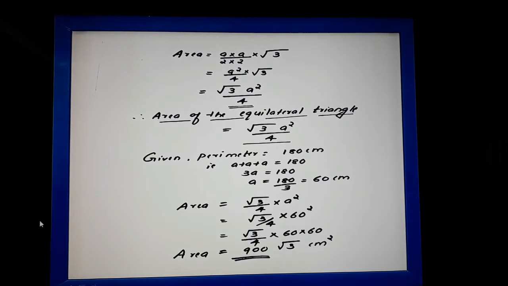So we get area equal to 900 root 3 centimeter square. And by the way, the area of an equilateral triangle is root 3 by 4 a square. Learn it by heart because we will be needing it for next year.